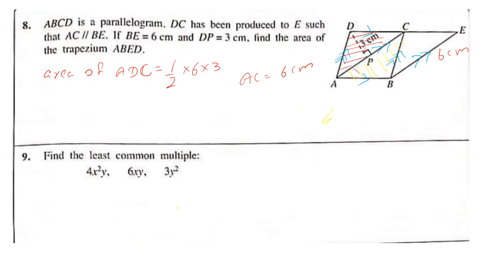This area is also equal to ACD, and therefore the area of ABCD is 2 into half into base into height. This is it, right?